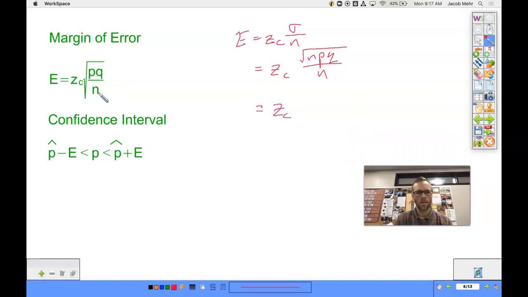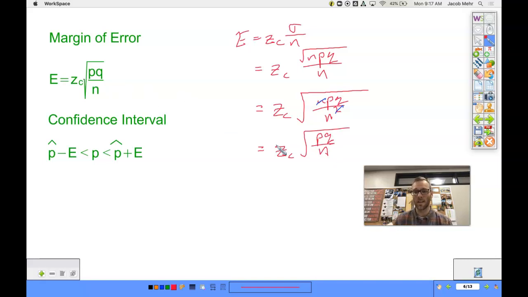Notice all of this is under the square root. So if I'm going to put n under the square root, it needs to become n squared. And then we notice that this n cancels out one of those n's, and we have the critical z-score times the square root of pq divided by n.